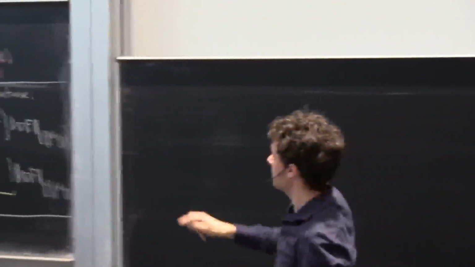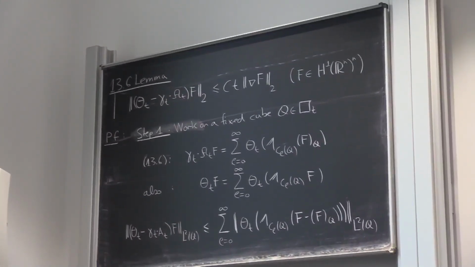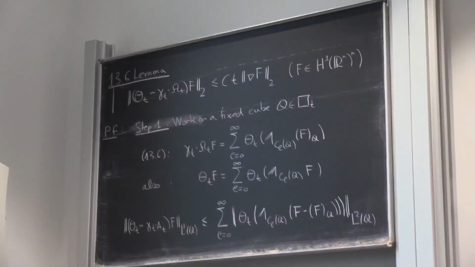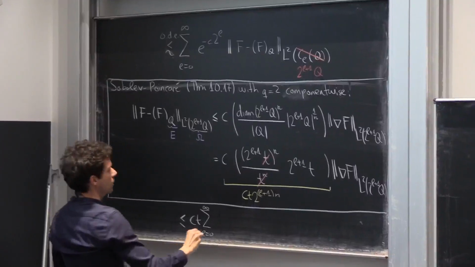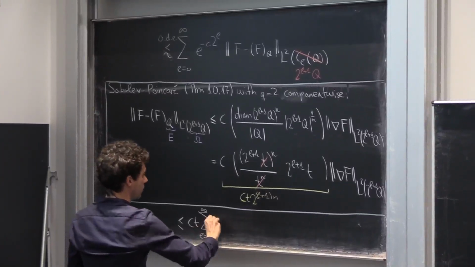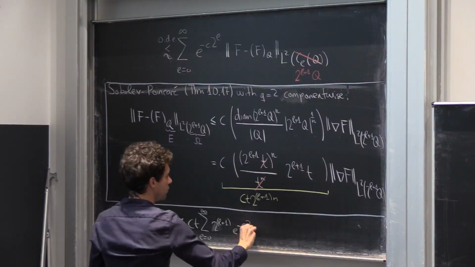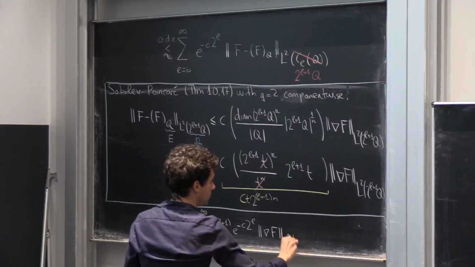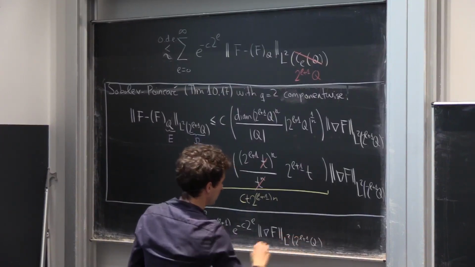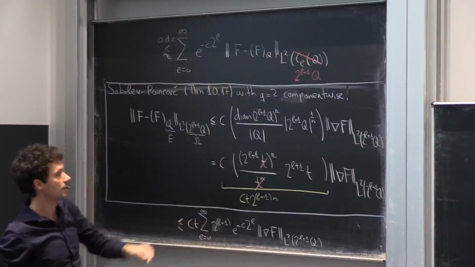So with the intermezzo at hand, I can just complete the estimate. At the end of the day, the quantity I started estimating is bounded by a constant times t times the sum in L of 2 to the L plus 1 n e to the minus c 2 to the L times the gradient of f in L2 on 2 to the L plus 1 Q. Nothing else but take this estimate, throw it in here, and keep track of the terms.